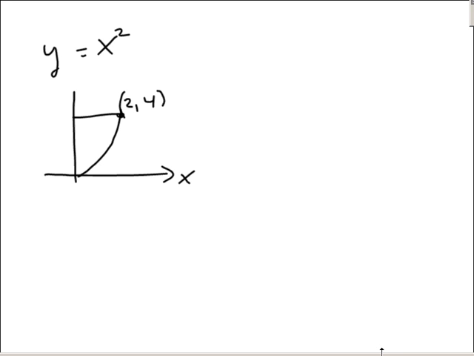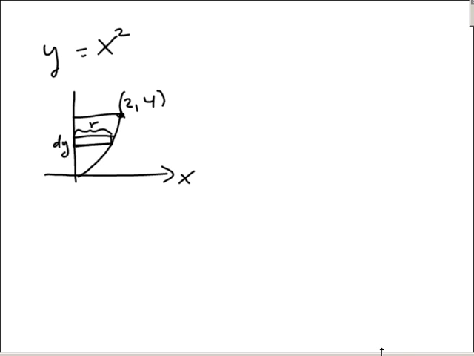Well, what does that mean? That means that we put horizontal rectangles. That's dy, and that there is the radius. And the radius is what x is.